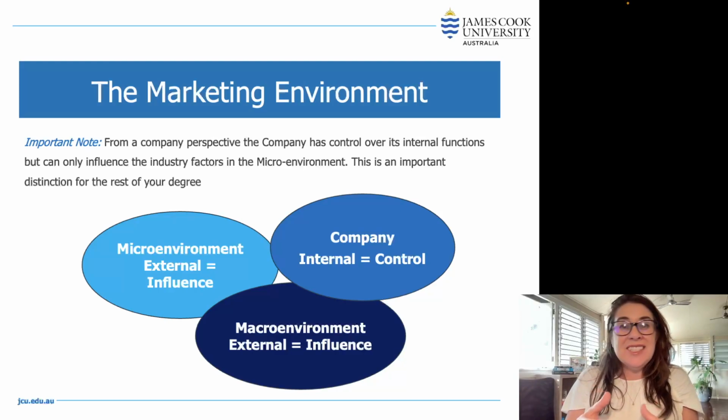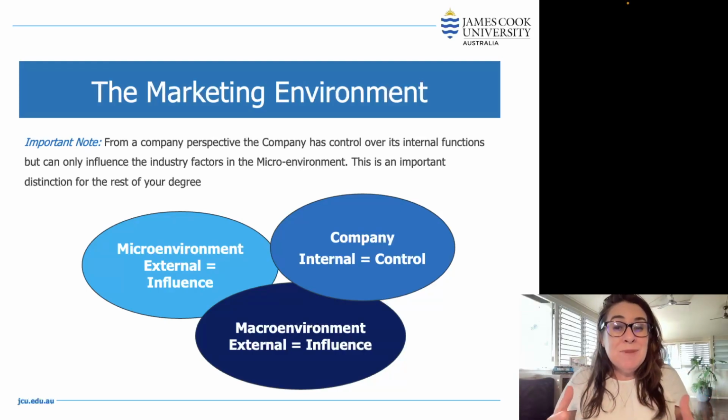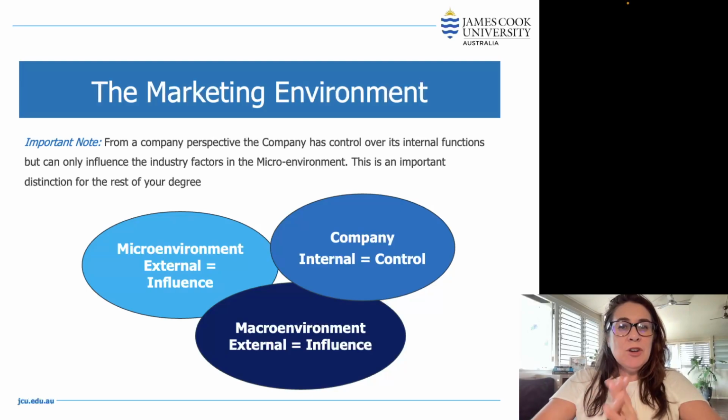So this includes things such as the company itself, any suppliers, our marketing intermediaries such as agents, advertising, promotions people. It could be our competitors. And it could be the public, which is ordinary people, the general community, and our customer market. So that's our micro environment, which is close to our organisation.